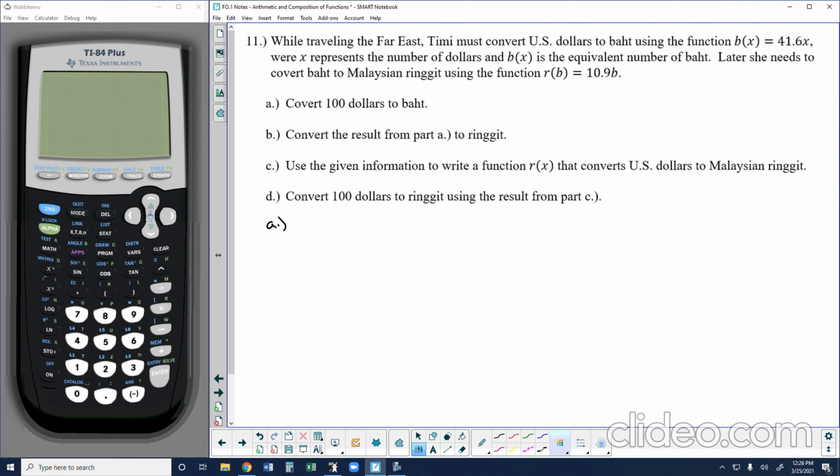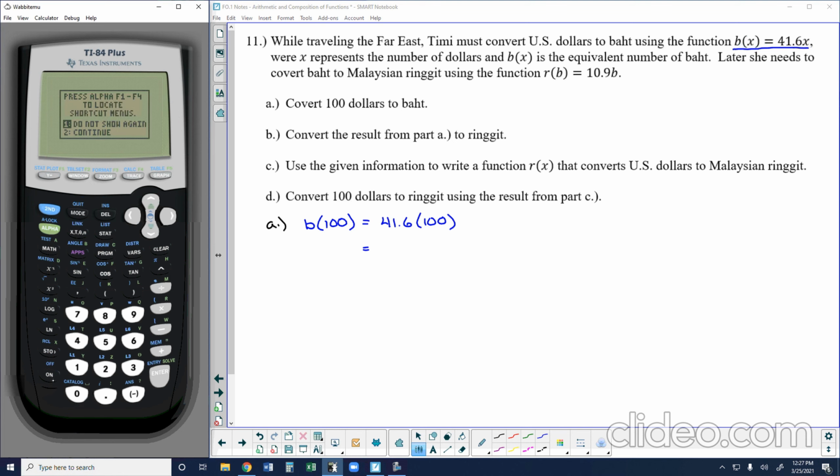So we know that we have 100 US dollars and we're converting it to baht, so we can use the b of x equation. So essentially what we want to find here is b of 100. So b of 100 would be 41.6 times 100, which would be 4,160.